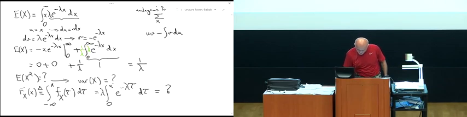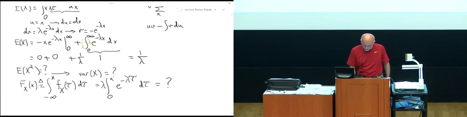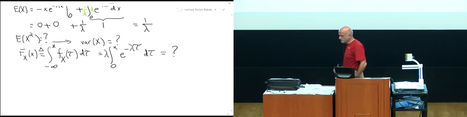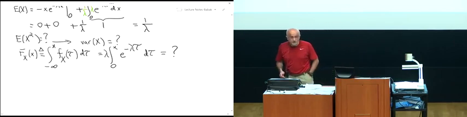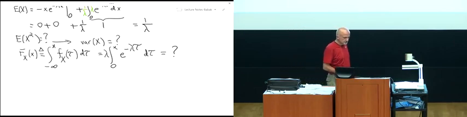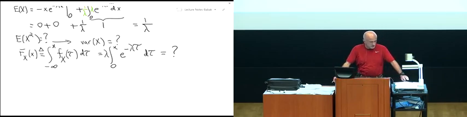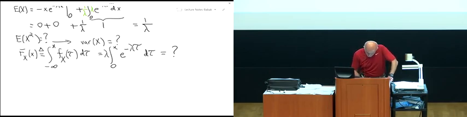So this is another exercise I'm going to leave for you. These are all in standard books, so it shouldn't be difficult for you to verify your answers. But it gives you some integration practice. Get comfortable with integrating exponentials. Yeah? Oh, I'm sorry.